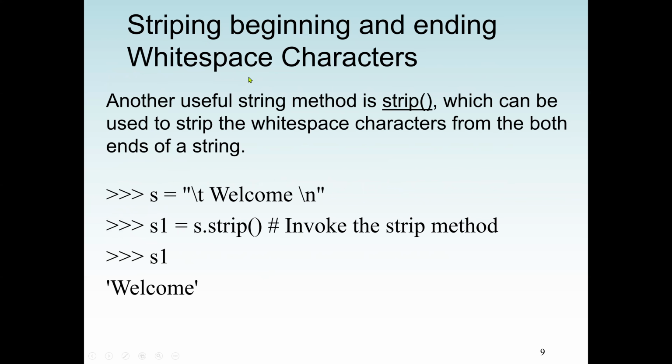So next is stripping the beginning and also the ending whitespace characters. We have a special method named strip. Strip means, again, taking something away. So for example, if I have a string and I have some space in the front or anywhere, I can call strip to remove the space.